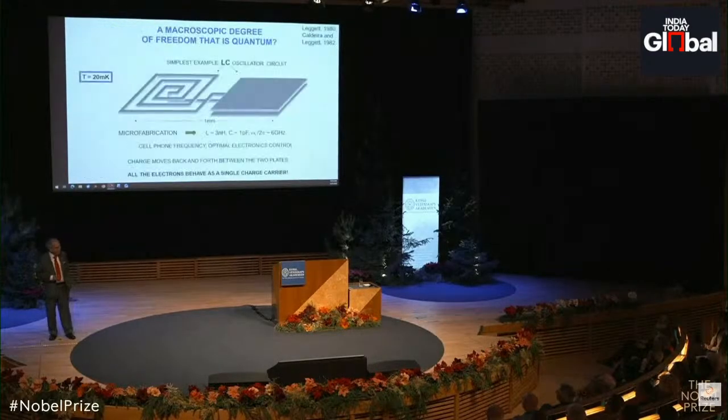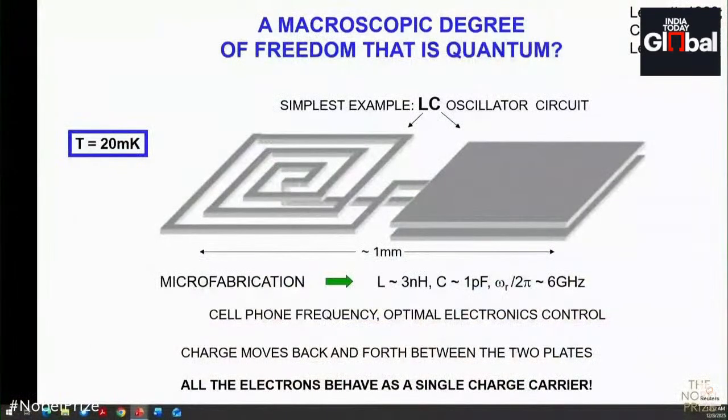Now, of course, Tony Leggett had a very special cat in mind. Instead of taking a live cat, he was thinking about an electrical circuit. And in this picture, what you have is an oscillator, an electrical oscillator, which you actually have in your cell phone.